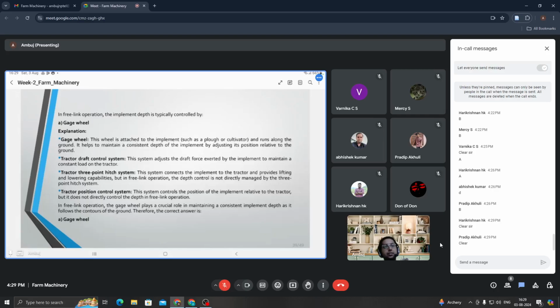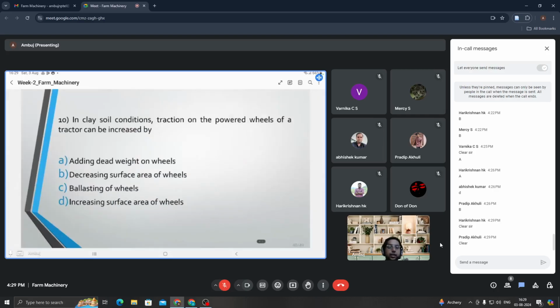In clay soil conditions, traction on the rear wheels of the tractor can be increased by adding dead weights, decreasing surface area of the wheels on the soil, ballasting of wheels, or increasing surface area of wheels. I have to increase the traction; what do I have to do in the case of clay soil?